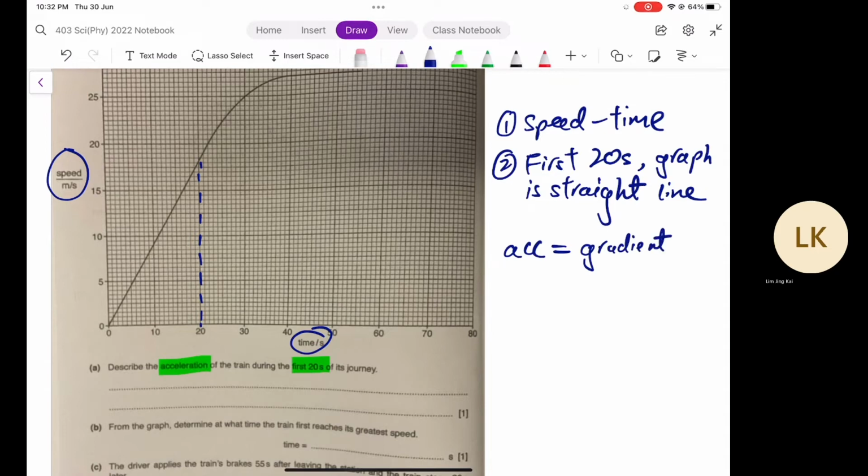So acceleration is actually the gradient of the speed time graph. Okay, and in this first part of the question, first 20 seconds, you notice that the gradient of the straight line graph is actually constant because it is a straight line there.